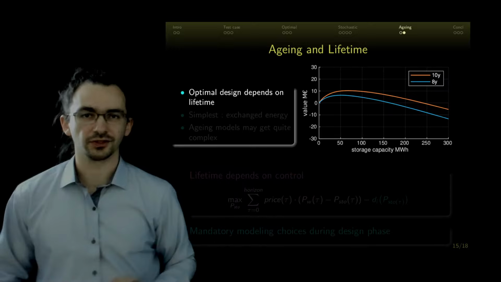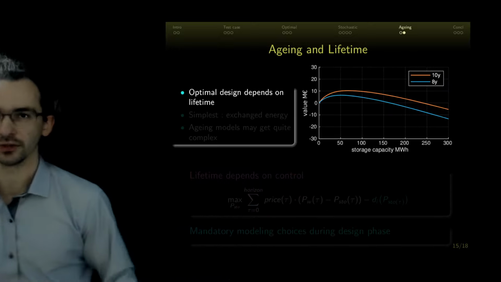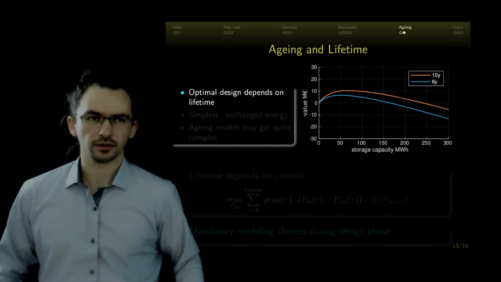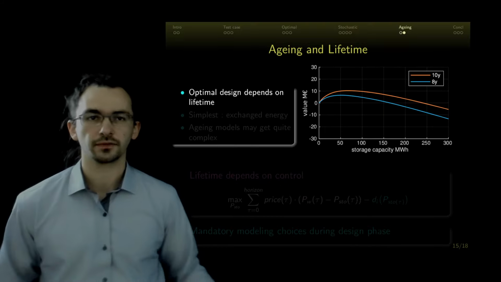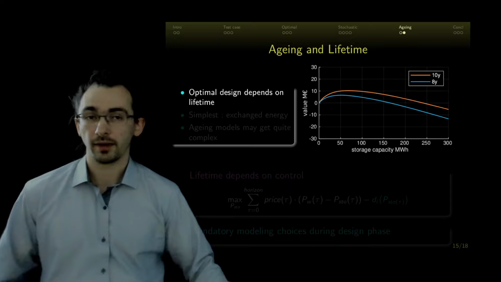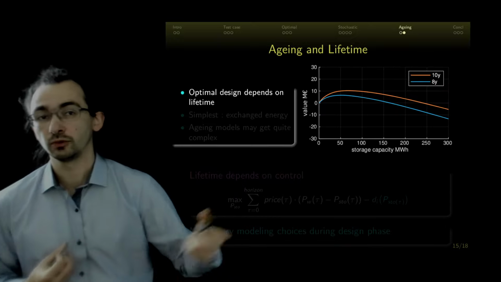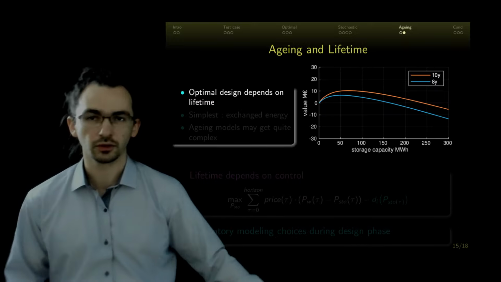So, as an illustration, what happens if I move from 10 years to 8 years of lifetime? But neither 10 nor 8 years is true, because the same goes for batteries as for human beings: my lifetime is not a fixed value that could be known in advance, but a consequence of all the events I will go through.